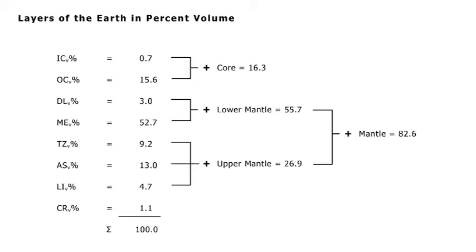And the crust stands out on its own because when most people are introduced to the layers of the Earth, they're basically introduced to the crust, the mantle, and the core. So, as you can see, the crust is only 1.1%, and the inner core is 0.7. So if you average in the full percent, they're both 1%. But if you remember in the slice of the Earth I showed you, the inner core in my circle looked a lot bigger than the crust, which is this thin skin.